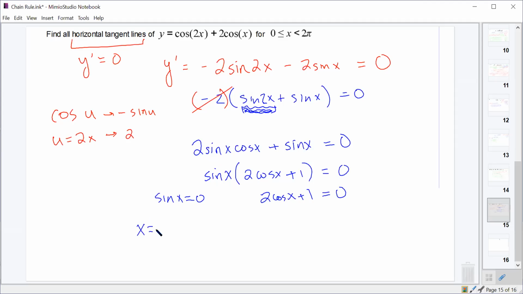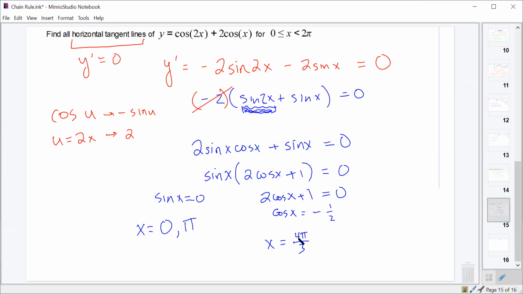At x equals 0 and pi. 0 and pi, good. And what about when does cosine x equal negative a half? At 4 pi over 3 and 11 pi over 3.